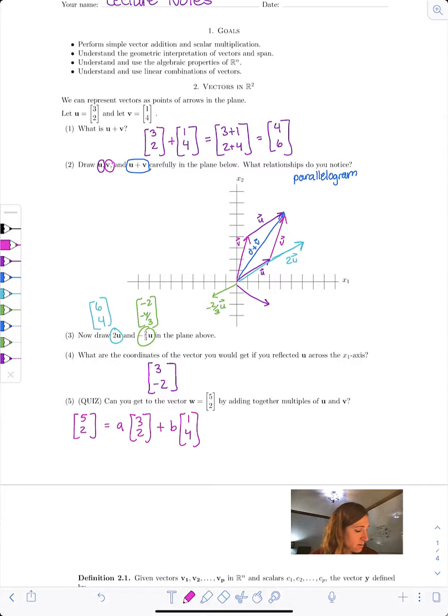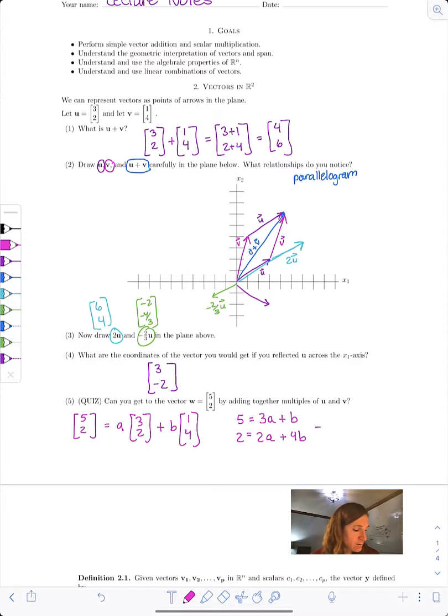The 5 on the top needs to be 3 times something plus 1 times another something. And similarly, the 2 on the bottom has to be 2 times that first something plus 4 times that second something. And so now we have a system of equations.